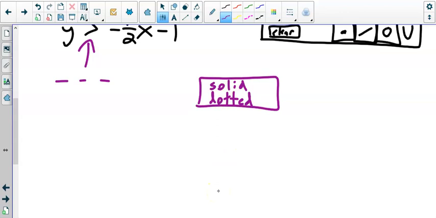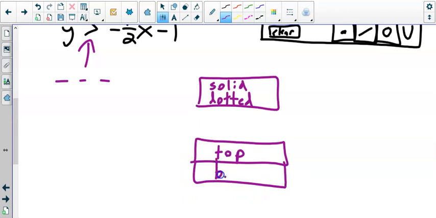Okay, so it's a drop-down box when it says talk about the line, because IMath will not draw solid or dotted lines. And then the other thing, usually there's a drop-down box, and it will say, did you shade the top or did you shade the bottom? So did we shade above the line or down below the line?